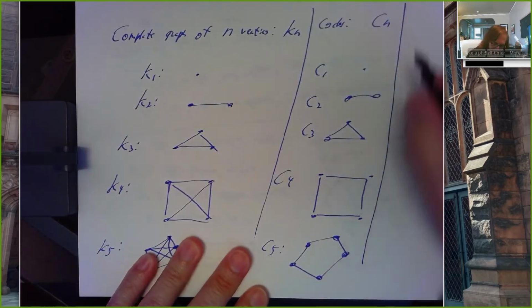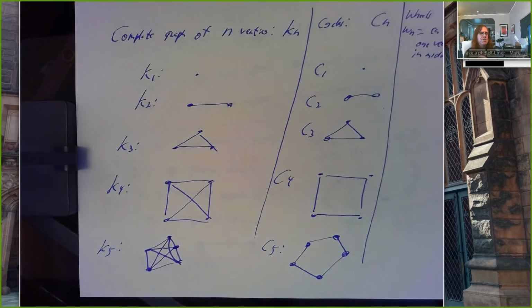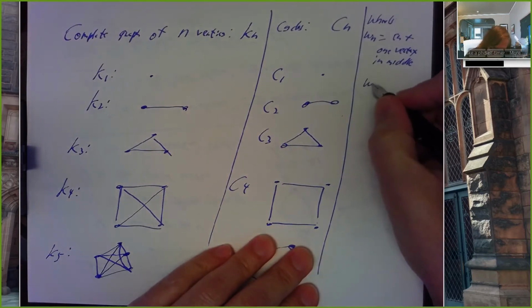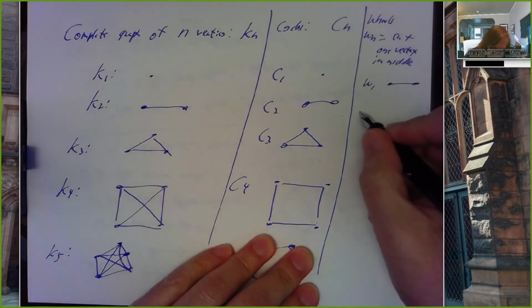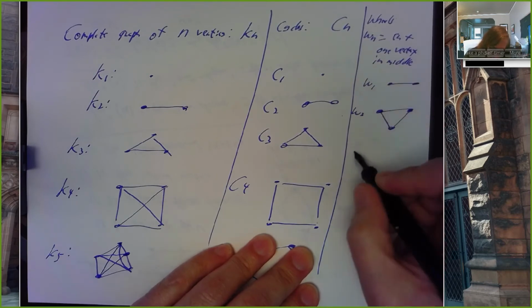And then there's wheels. To define wheel n, we take cycle n and we just add one more vertex in the middle. So wheel 1 would look like that. Wheel 2, I believe, would look like that.